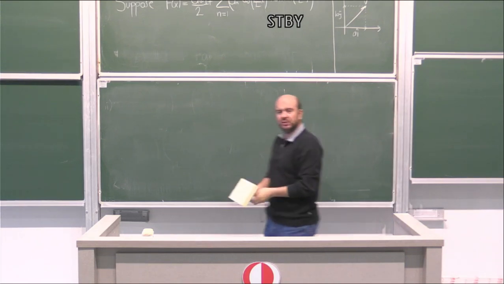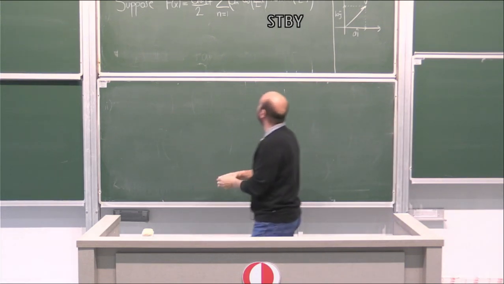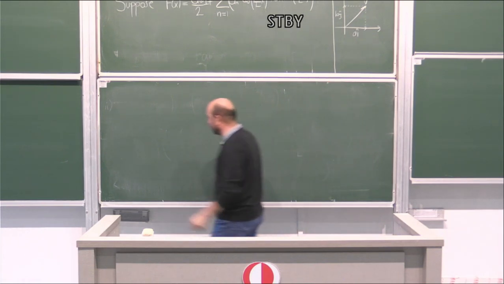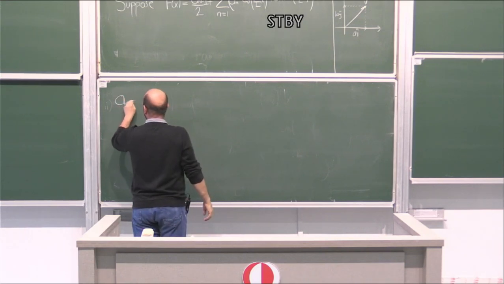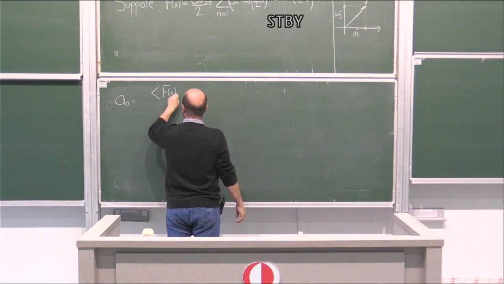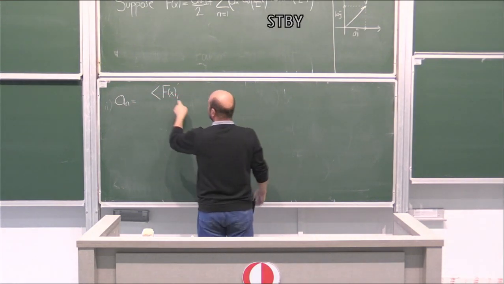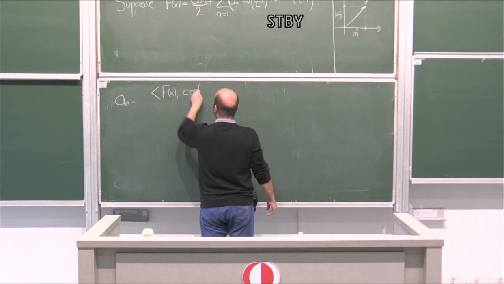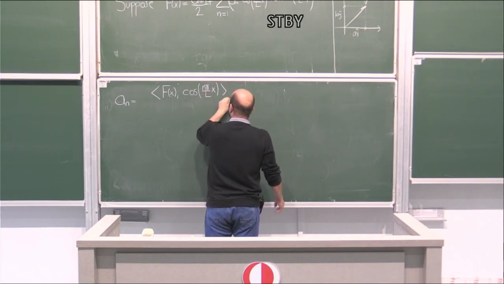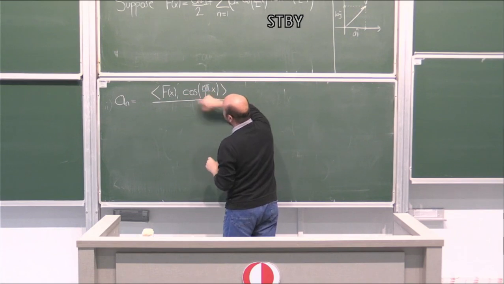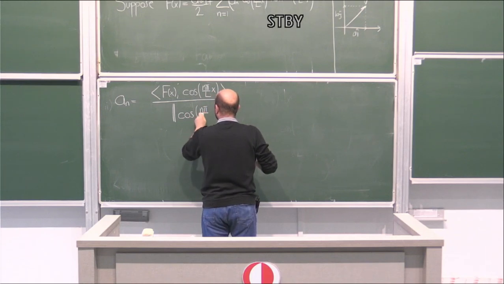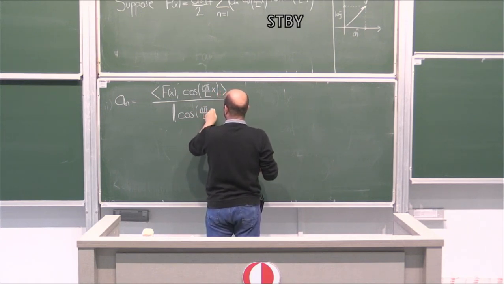A_n is the coefficient in the cosine n pi over L x direction. So then, if you want to find A_n, you need to take the dot product of f with the cosine n pi over L x, and divide by the norm square of this cosine n pi over L x.